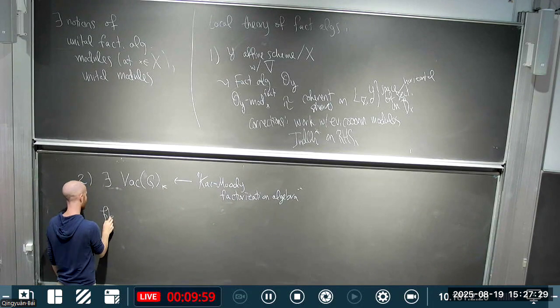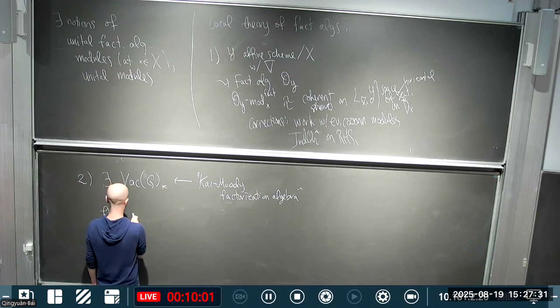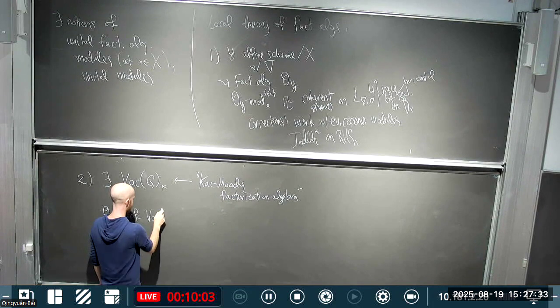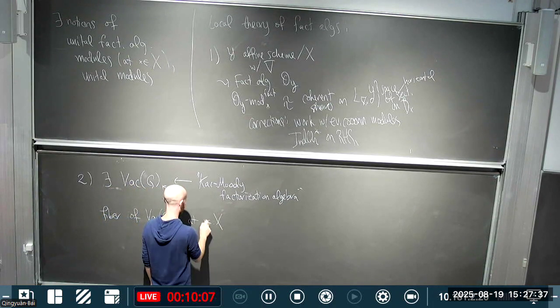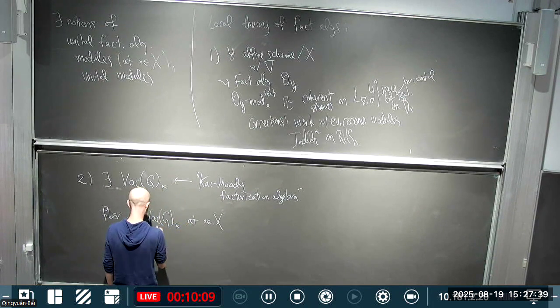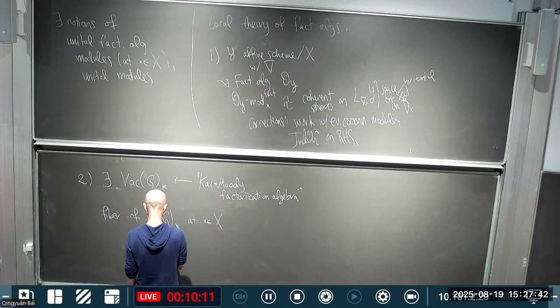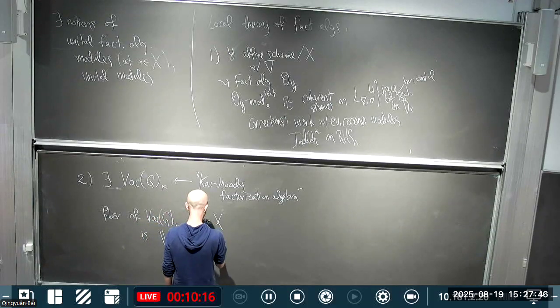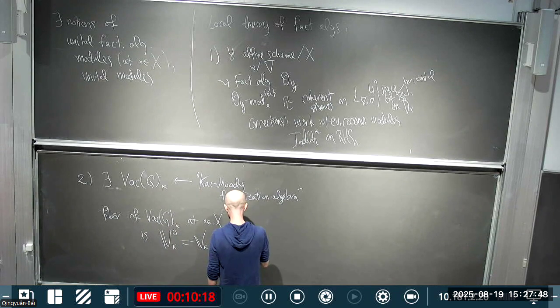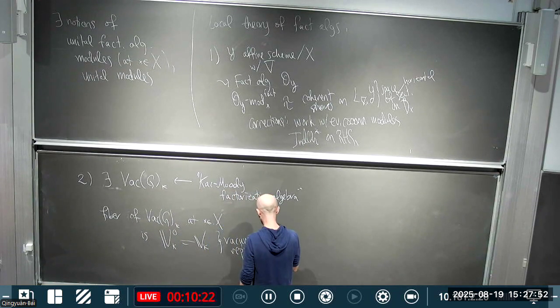So the fiber of this Vac_{G,kappa} at a point x in X is what Kabir called the vacuum V_0^kappa, which often gets written like this, the vacuum representation of this loop algebra.